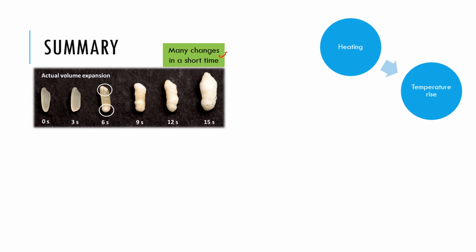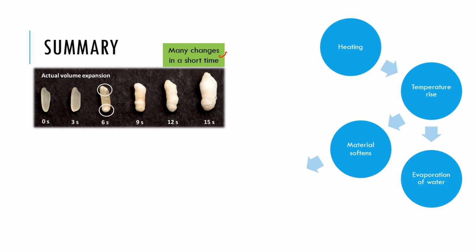As you heat the material, the temperature rises, and the increase in temperature softens the material. So if it were glassy, hard, it becomes more rubbery, that can be changed more easily. Simultaneously, there is evaporation of water or vapor generation.